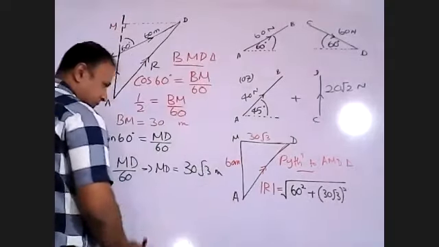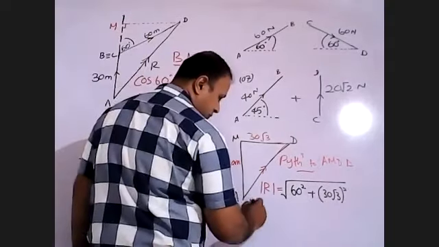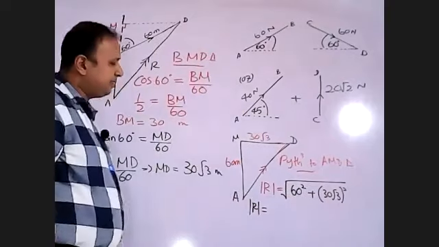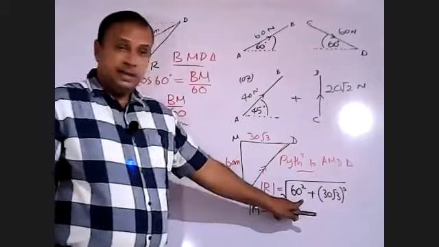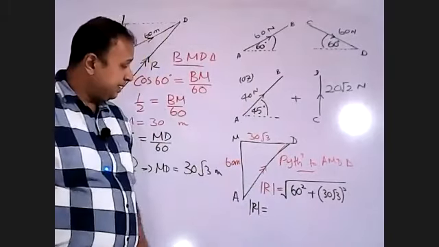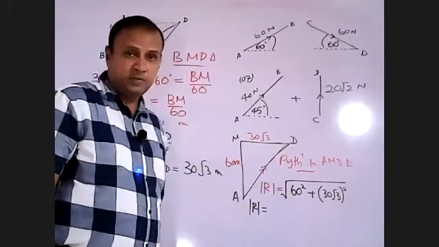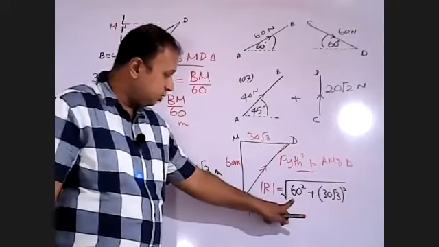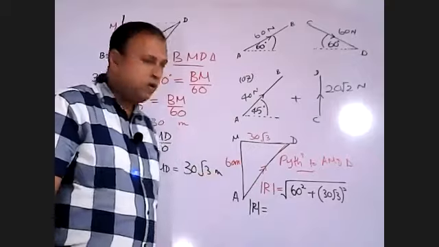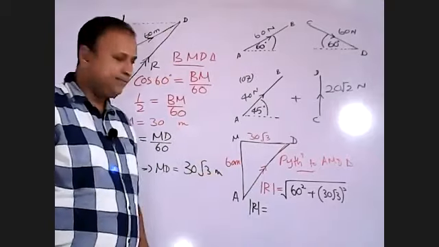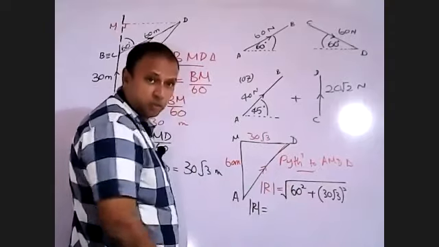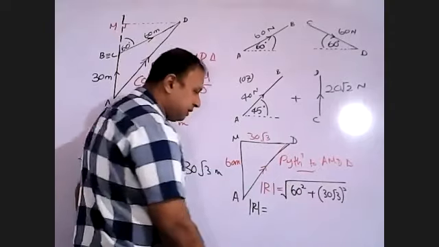Look at this. You can simplify this without expanding everything. 60 means 30 times 2.